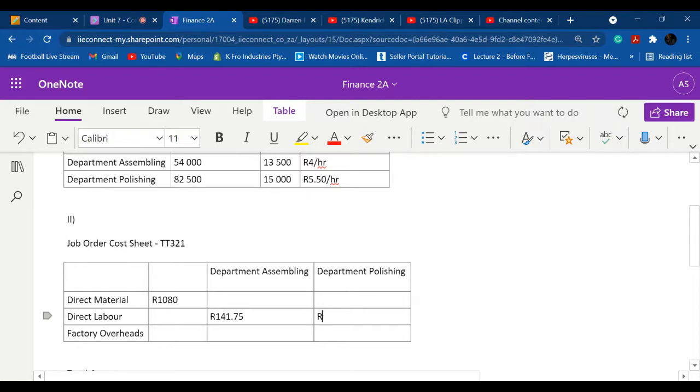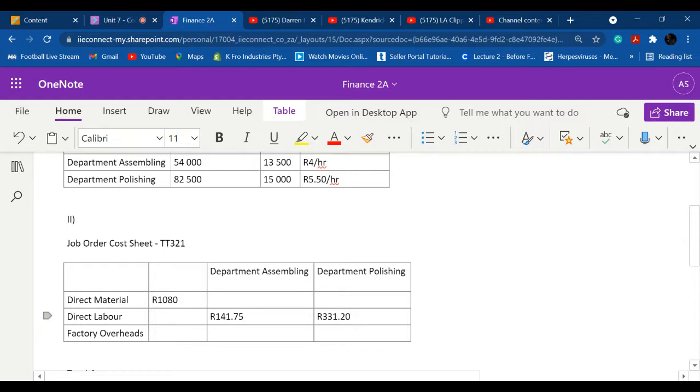We spent 331.20. So far so good. Remember what I said, in order to get the total cost of the job, we need direct materials, we need direct labor, and then we need the manufacturing overhead. And remember I said manufacturing overhead is the same as factory overhead.